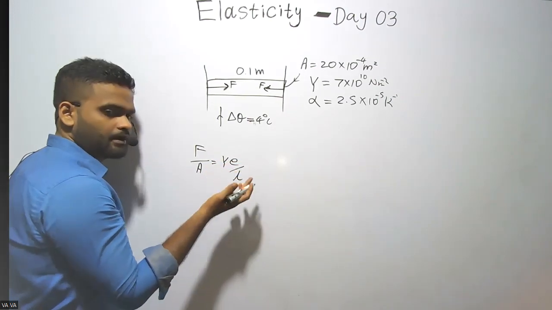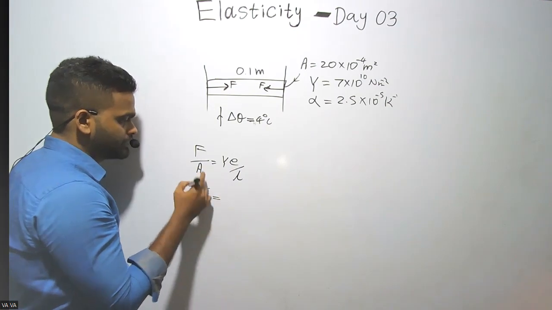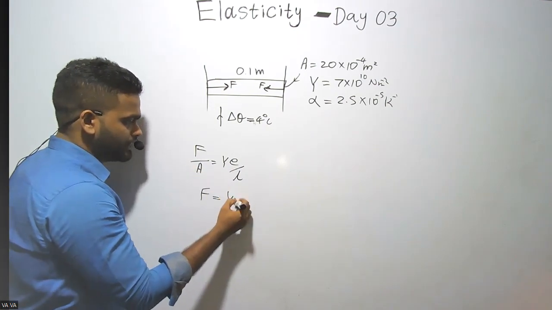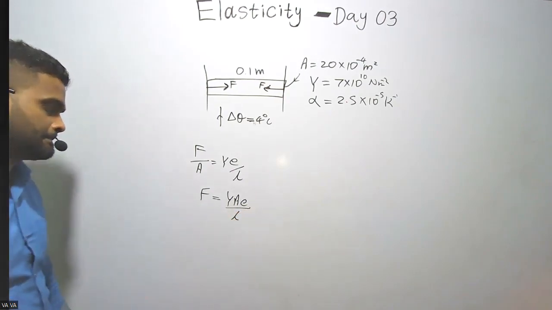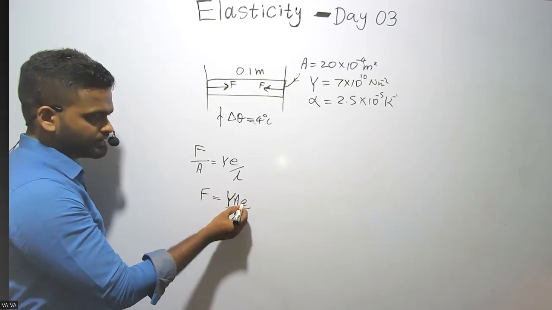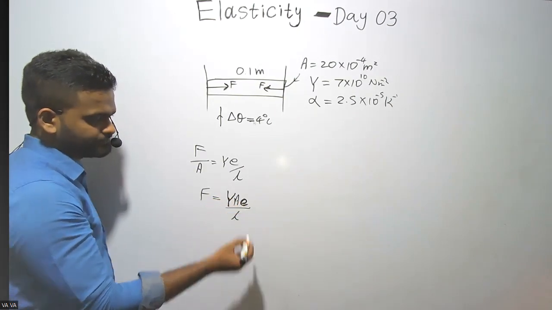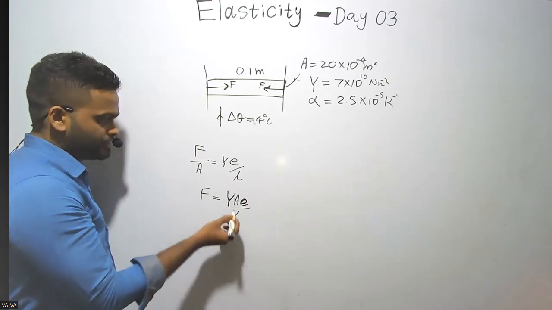First I'll derive that, because some students may not remember it. So F is equal to Y A e divided by length. But you don't know the extension here, right? So what do we do?